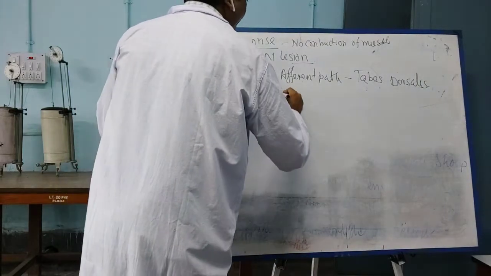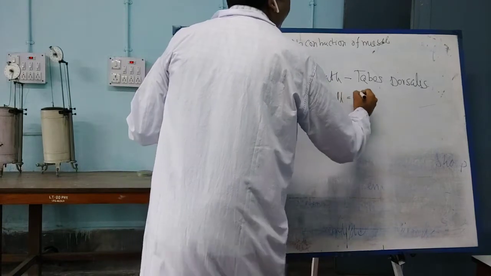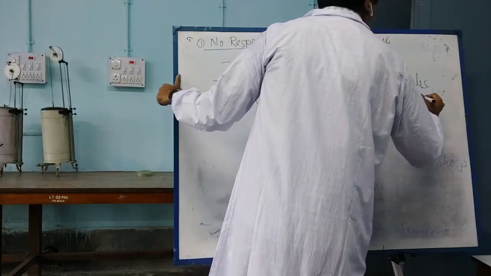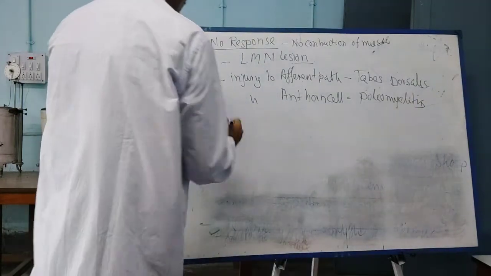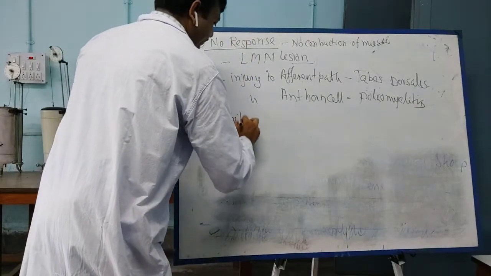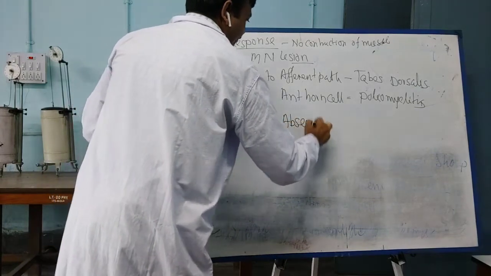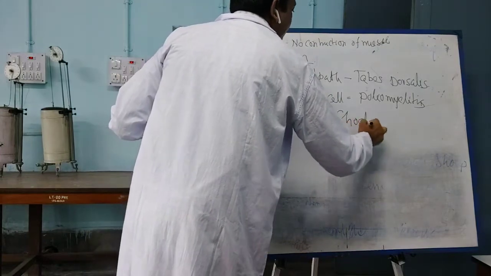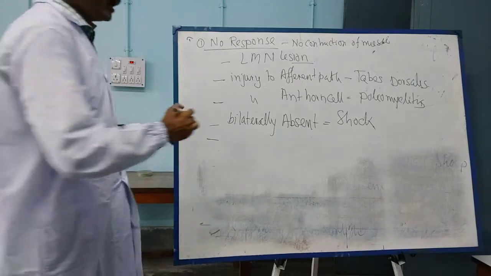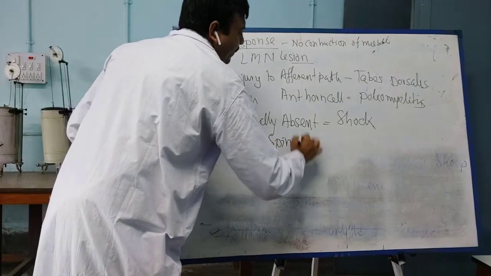Injury to the anterior horn cell, that is poliomyelitis. Reflex is bilaterally absent in case of severe shock, and also in case of severe spinal injury.